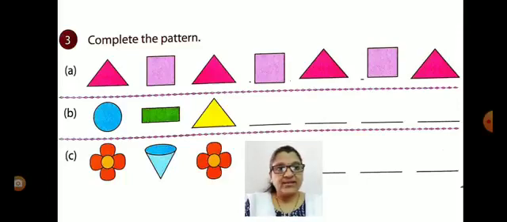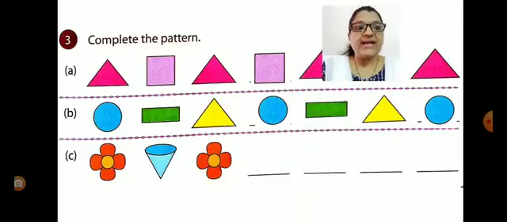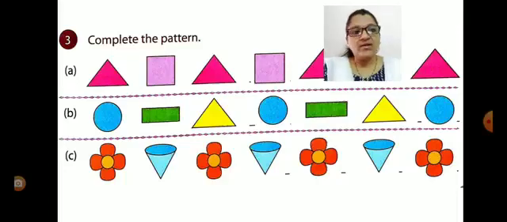If this is a pattern, what will repeat after triangle, children? Yes, circle, rectangle, triangle, and again the circle. Now let us see example C. Flower, cone, flower. What will come next? Yes, cone, flower, cone, flower. You have to draw this in your book.